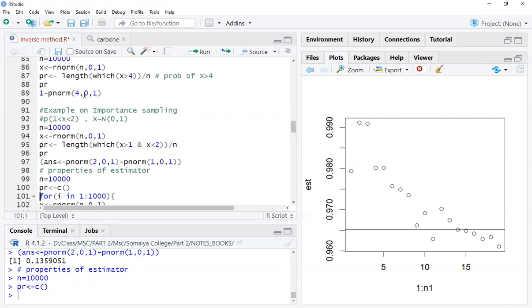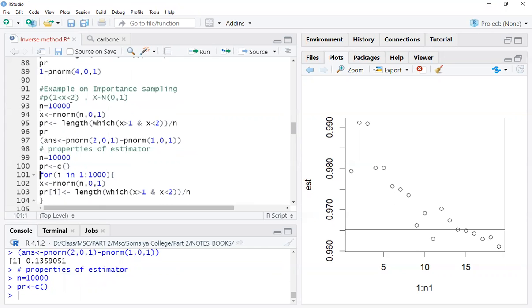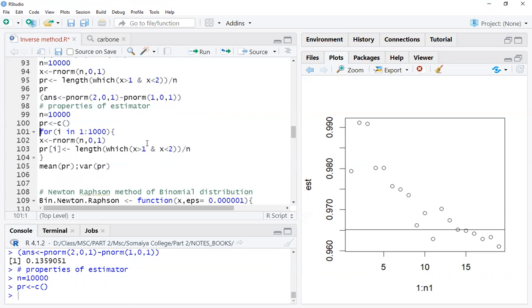Means using between 0 and 1, it will just find how many observations there are. We will calculate the probability value and it will store in this PR, and whatever that value will be, it will find out the mean and variance of those estimates. And these answers we have already obtained.